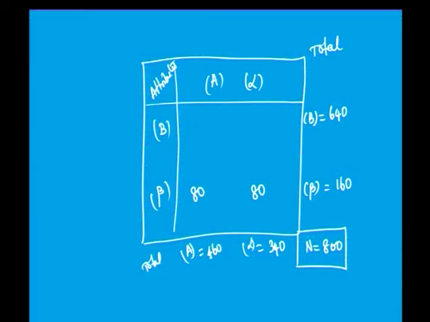When this is 80 and the total is 460, this value will be 460 minus 80, which is equal to 380. Similarly, 340 and this value is 80, therefore 340 minus 80 will give you alpha B value, which is equal to 260. So, this is the 2 cross 2 contingency table for association.